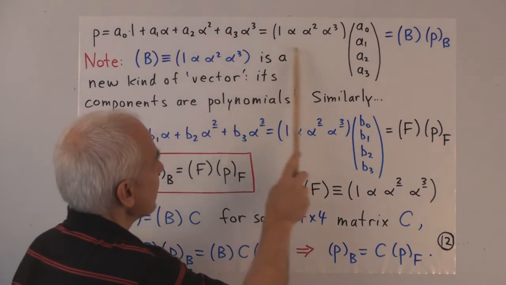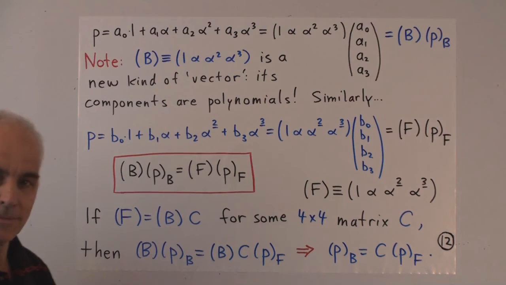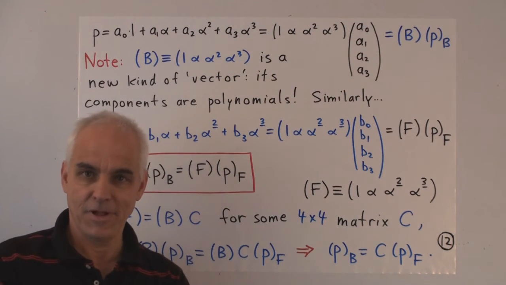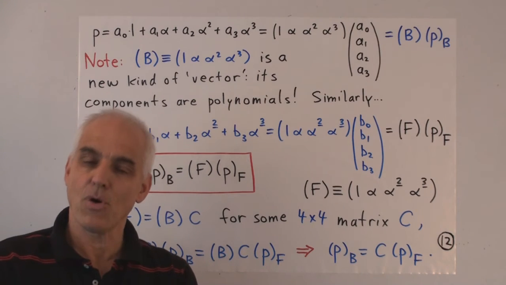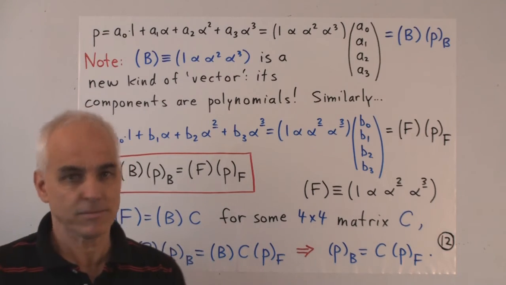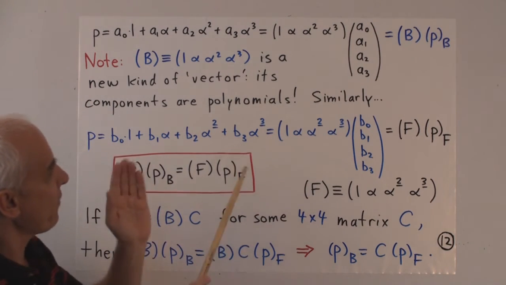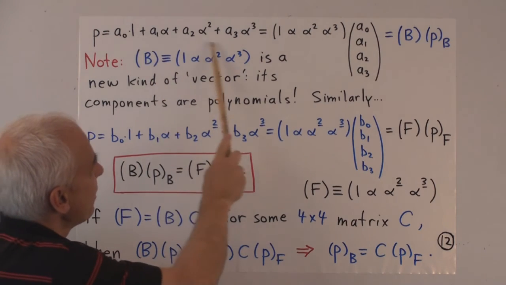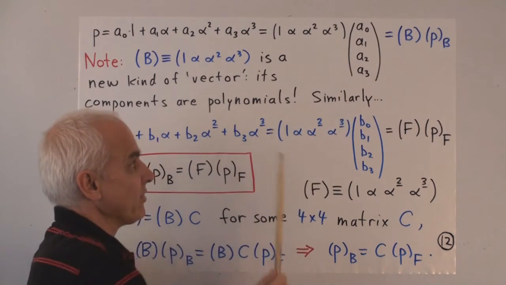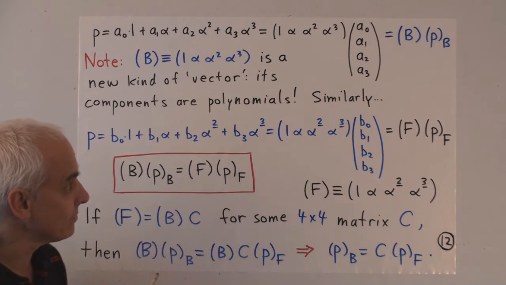But here the meaning is a little bit different, because although these four things are numbers, these four objects are actually not numbers. They're polynomials, or they're vectors in this vector space that we're considering, which happens to be P3. But nevertheless, it's really helpful sometimes to think about this expression as being a product of a row vector times a column vector, where the row's elements are themselves vectors.